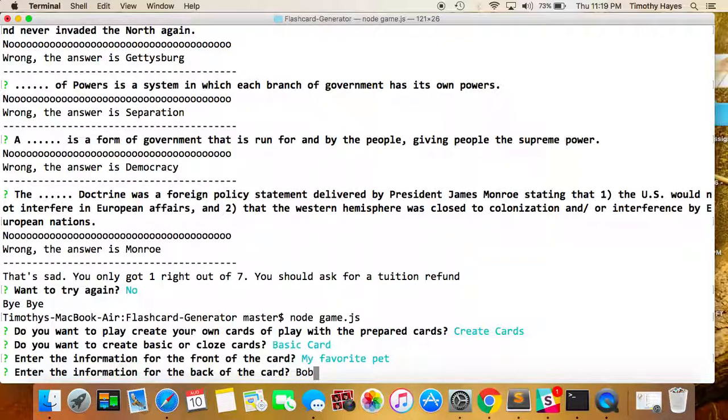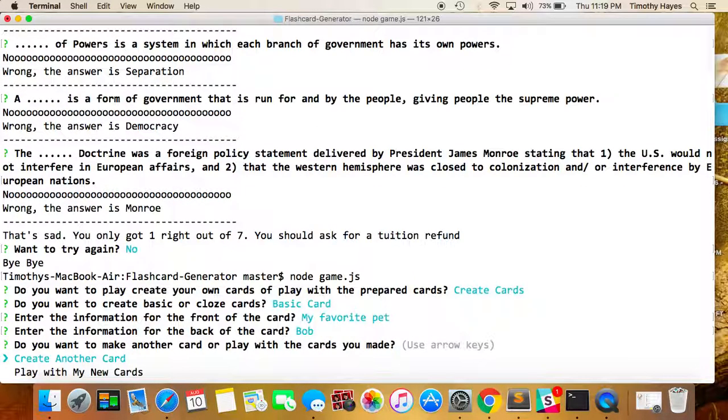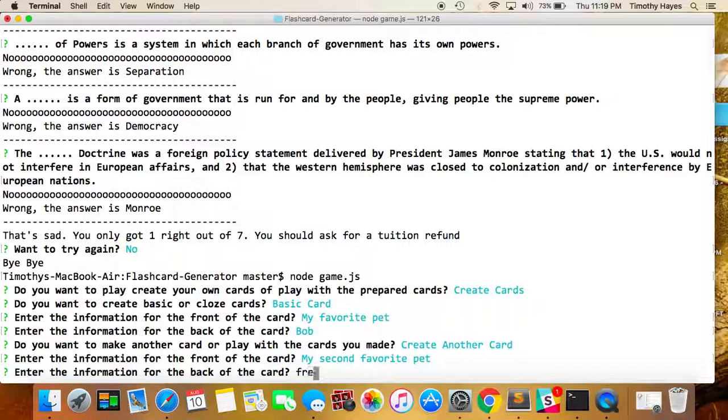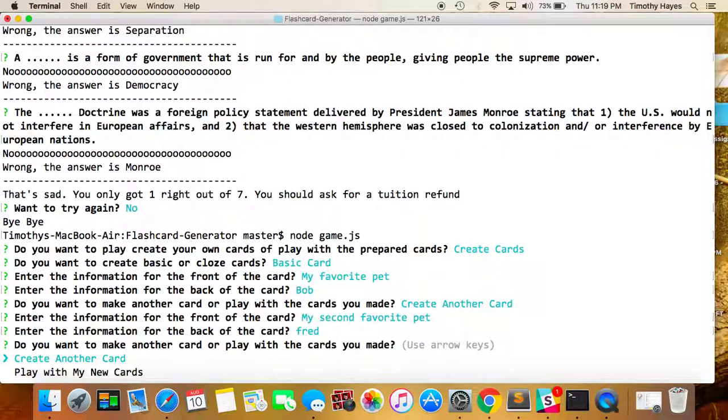It's Bob. That's my cat Bob. And we can choose to either play with the card that we made, or we can create another card. Let's create another card. And let's say my second favorite pet. And that one's going to be another cat named Fred.